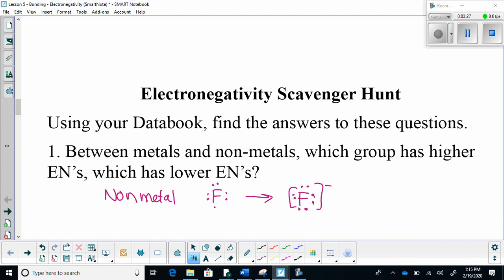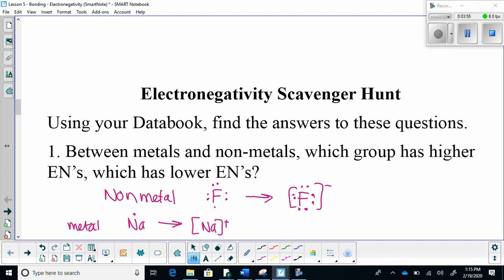It attracts electrons. In a metal, let's say we have sodium. What happens in sodium when it ionizes? It loses an electron to get a positive charge. So this goes along with what we've already learned. Nonmetals will always gain to complete their valence.